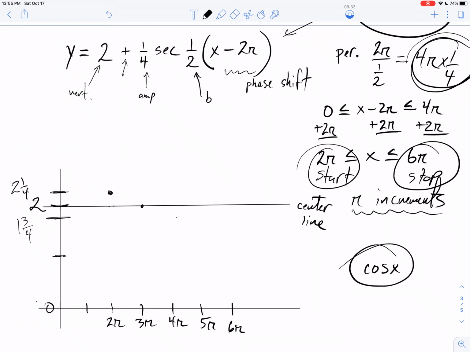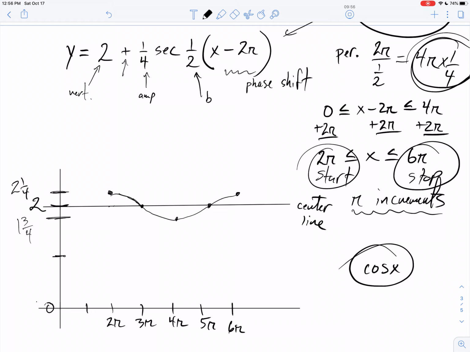Then I'm going to go below the line. But it's very gradual because I only have an amplitude of 1/4. So I'm not going that much high above the line or below the line. And this is going to be a stretched out, compressed cosine graph.